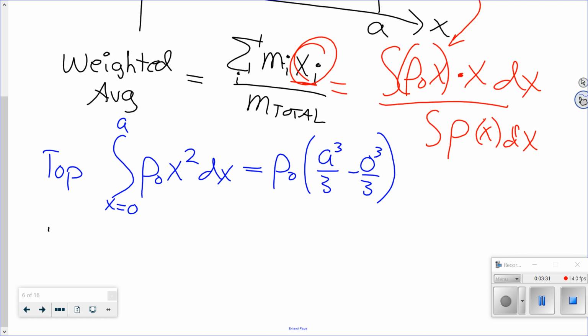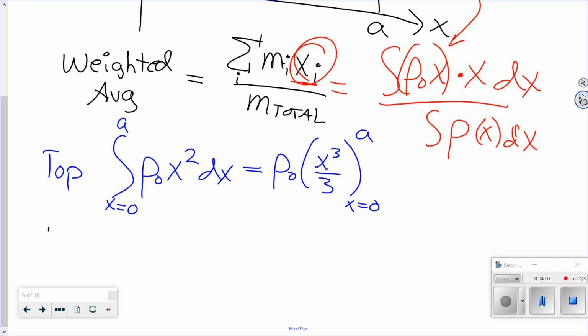Does anybody need me to slow down and show the function in between in the substitution? Okay. If I was unsure of myself, this becomes, we did the antiderivative, so it becomes the third power, and then I evaluate it: final at the top minus initial at the bottom.